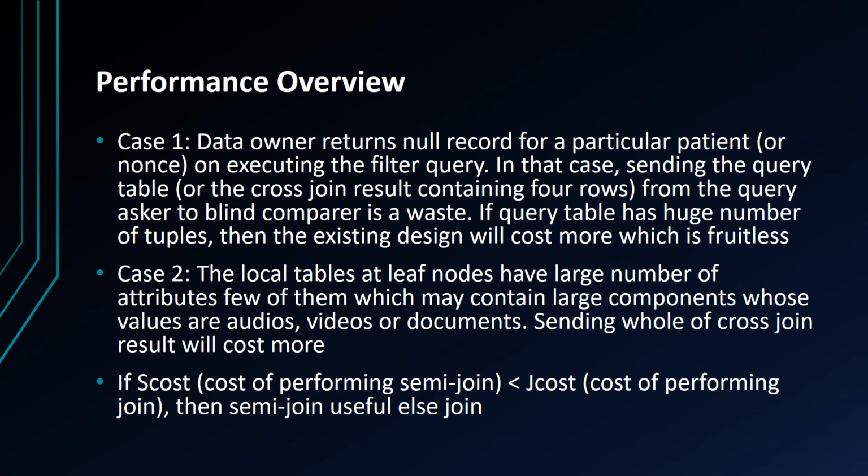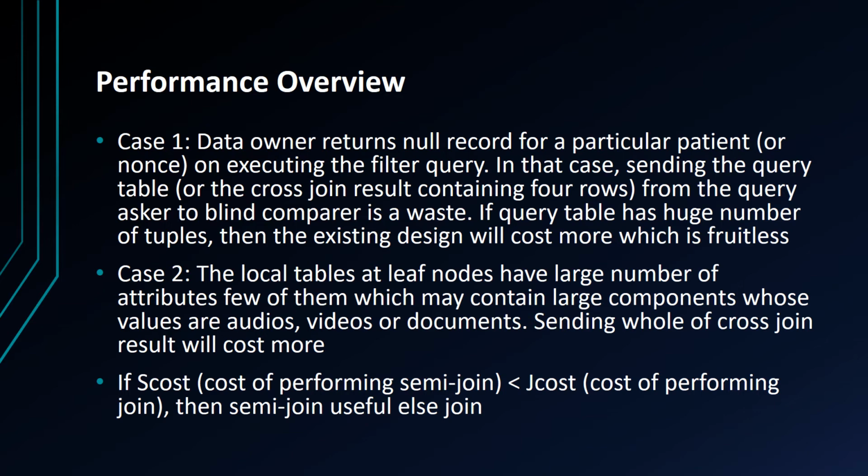So now we know that the blind comparer also doesn't have any record for that patient ID, and there is no need to send the query table, as we know there will be no inner join result returned from the blind comparer.